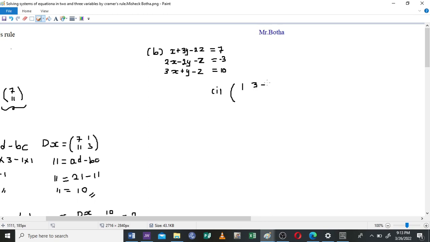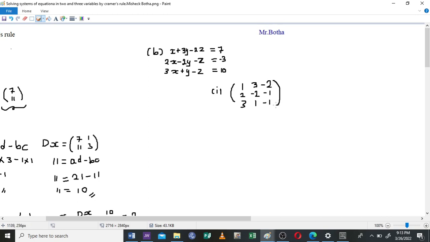Then we have negative 2. Next we have positive 2, we have negative 2, then we have negative 1, and the third row we have 3, right? 3, we have 1 and negative 1.